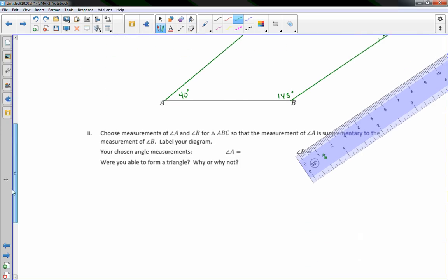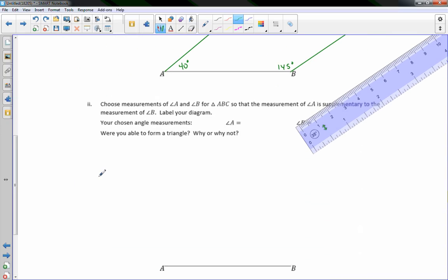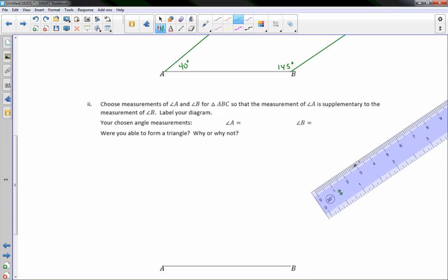Okay? All right, now number 2 says choose measurements for angle A and B for a triangle ABC so that the measurement of angle A is supplementary, that means the two angles add up to 180, to the measure of angle B. So I'm just going to use the same angle measure of 40 degrees.